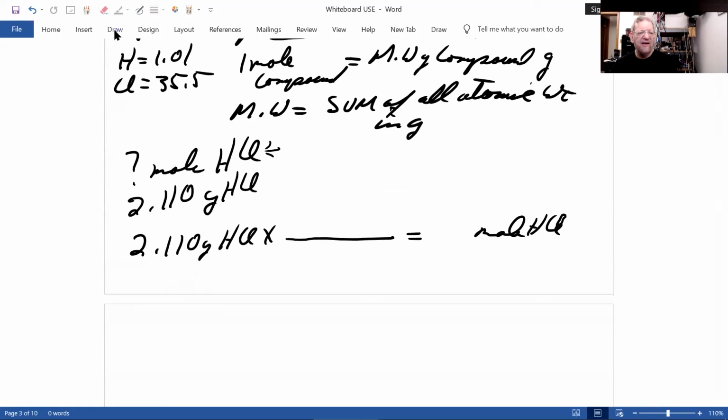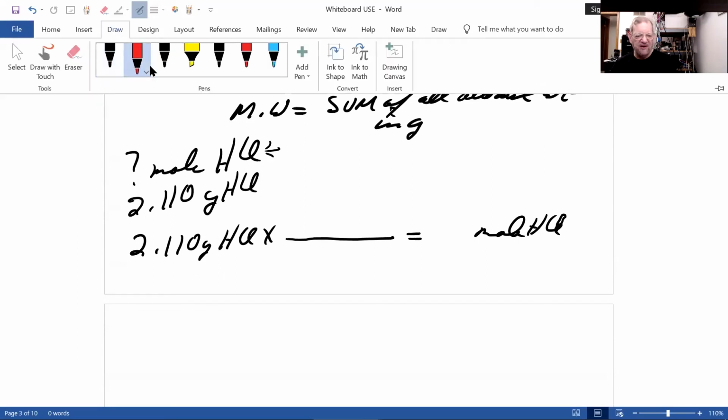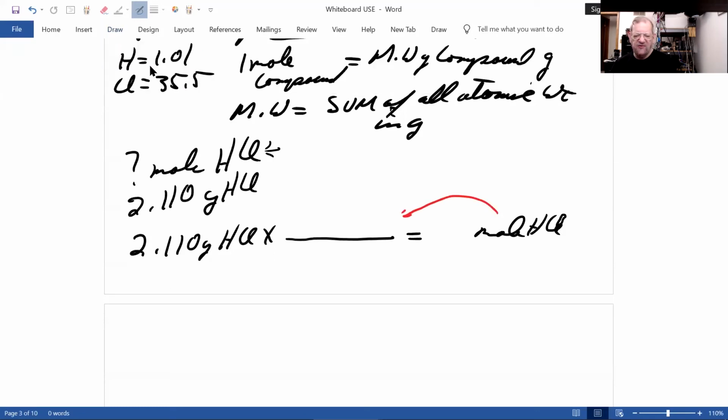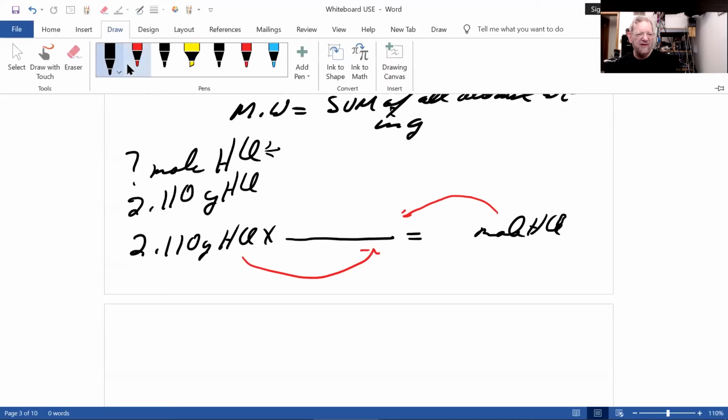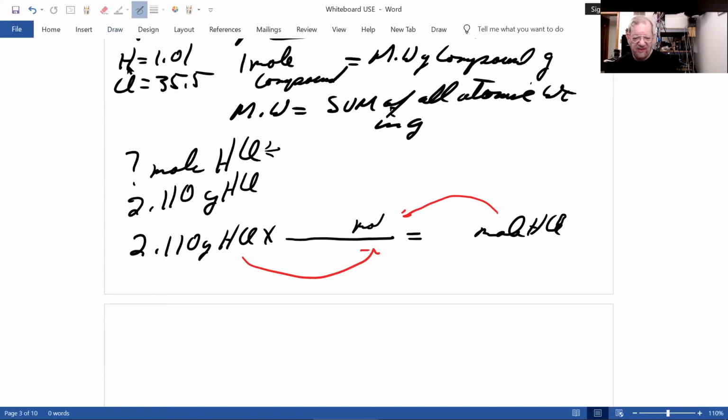And now it's time to use your good buddy, your good friend, unit analysis. Whatever I'm trying to get to units-wise goes on top of the ratio. Whatever I'm trying to get rid of goes underneath. Therefore, I'll put on top, nobody's yelling at me, so I assume you can see what I'm doing on the screen, moles of HCl.